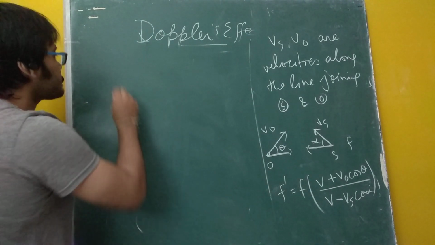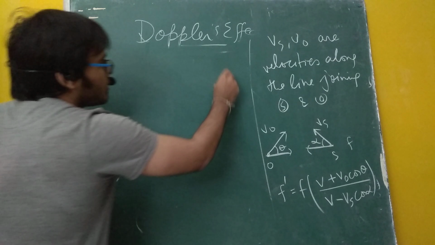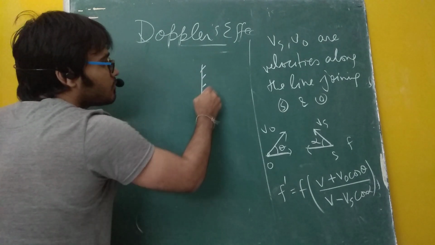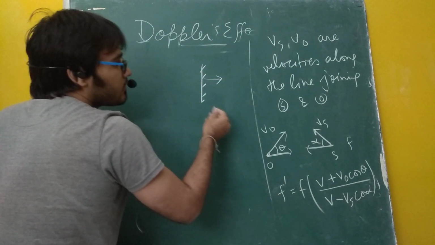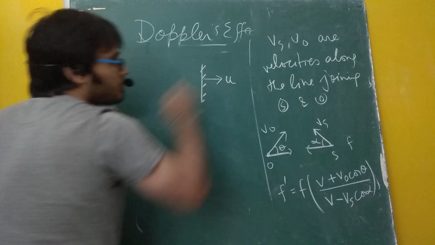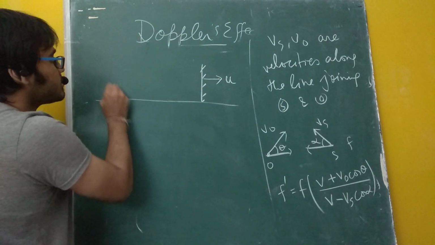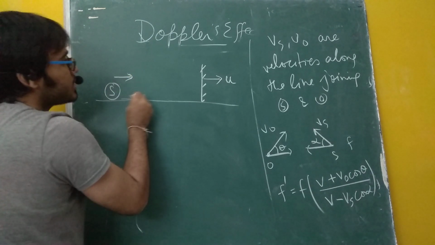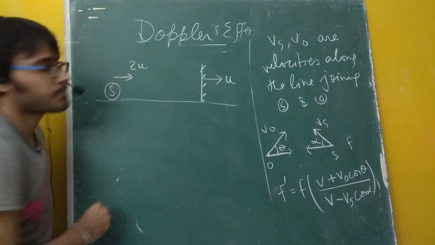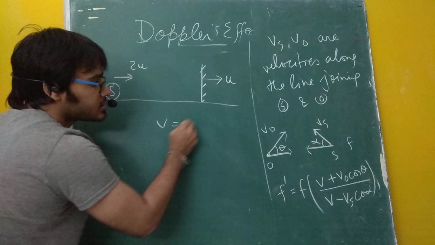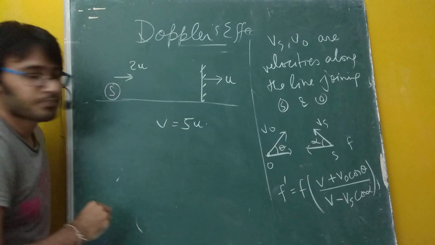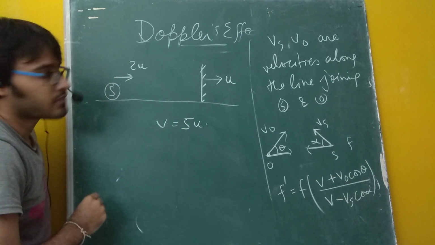Let's say you have this wall and this is a moving wall. So it is moving with, let's say, velocity U. And this is the source, it is moving with velocity 2u. And speed of sound in air is given as 5u. For simplicity, these values I have given.